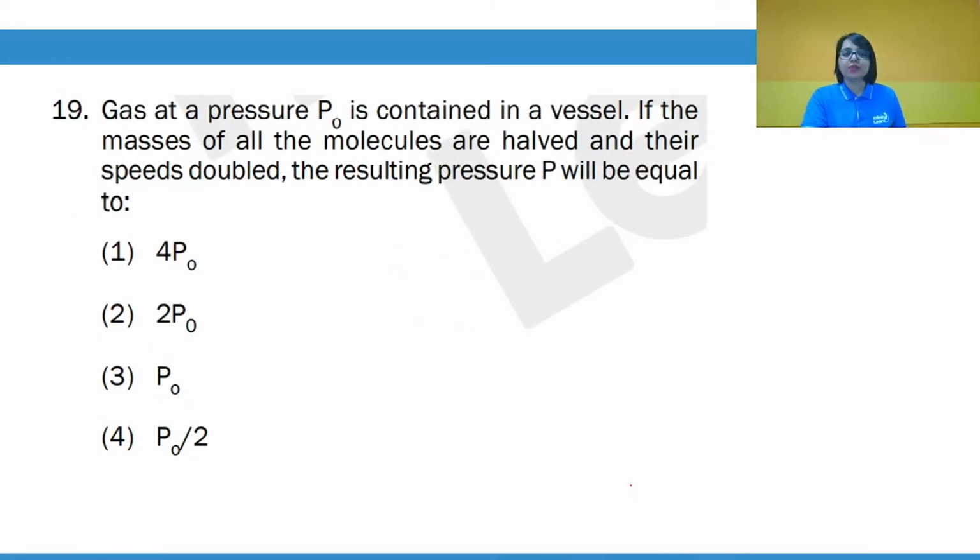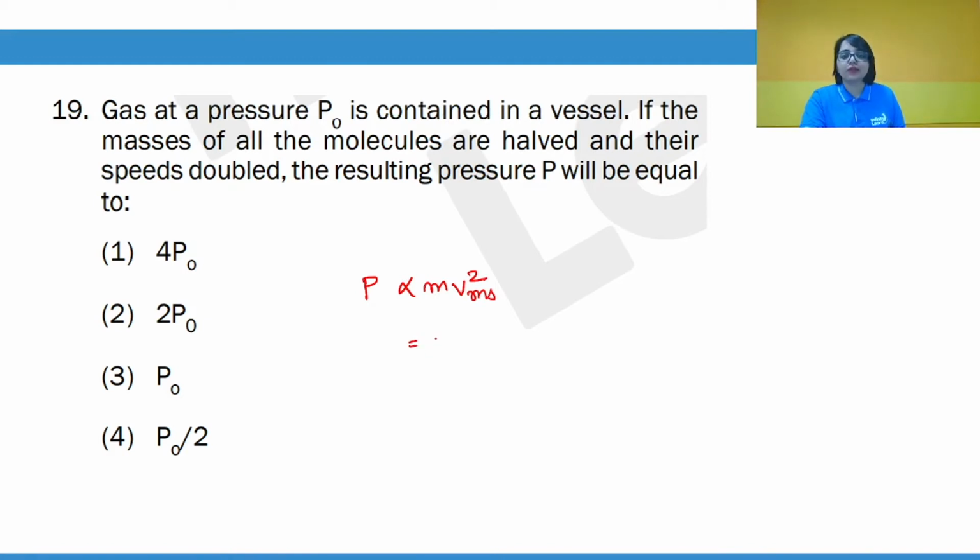Gas at a pressure P0 is contained in a vessel. If the masses of all the molecules are halved and their speeds are doubled, the resultant pressure P will be equal to? So pressure is directly proportional to m Vrms square. Fine.